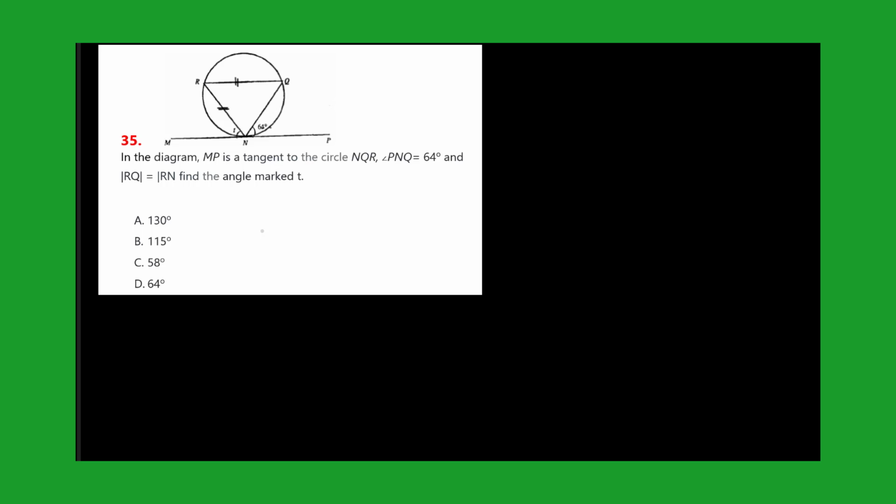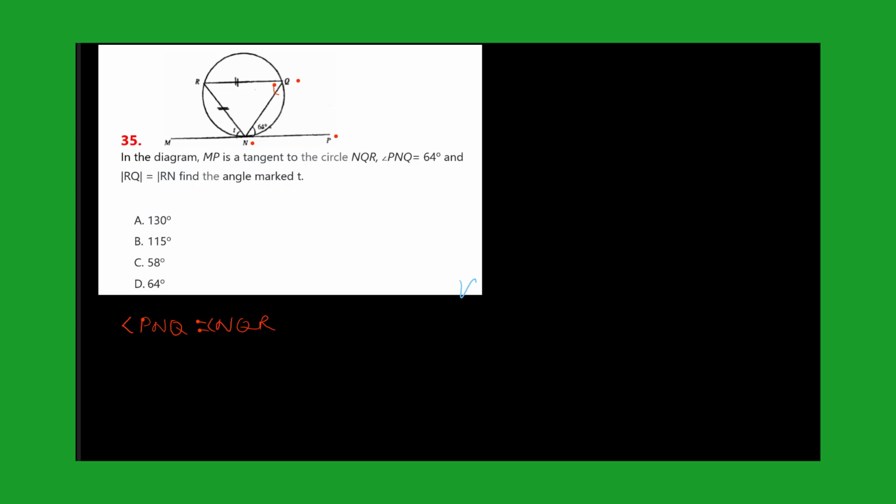Find the angle marked T. From the question, angle PNQ equals angle NQR, that is this angle here.